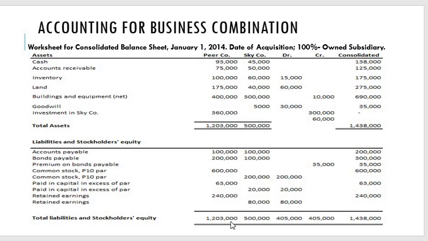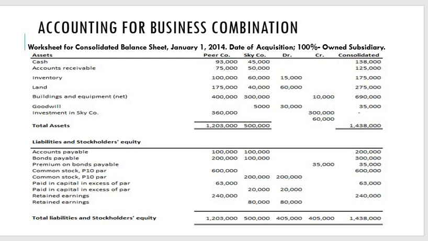And also the effect of the entry for the acquisition and the acquisition related cost is already reflected in the separate FS of Pair. We also have the separate FS of Sky Company at book value.